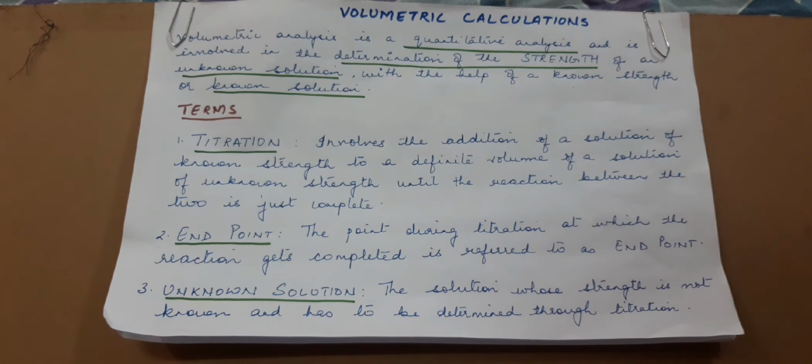I'm taking B. Suppose I'm taking 20 ml of B. And I'm going to react it with the known solution A. The definite volume of A I require so that the complete reaction takes place, just finishes, the reaction is just complete. That volume I have to calculate. And to calculate that volume, we use the process of titration.